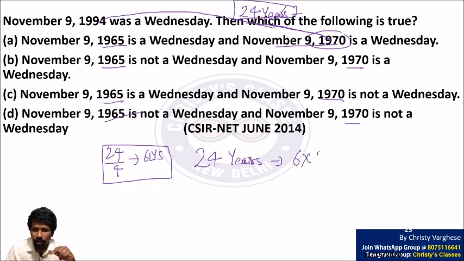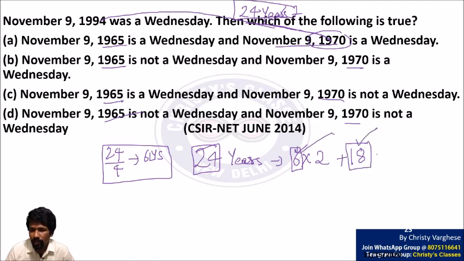Every leap year will contribute 2 days. As it is going backward, 2 days backward. 6 leap years will contribute 6 into 2, 12 days backward from Wednesday. Now 6 leap years and the remaining are ordinary years. Remaining means 24 minus 6, which is 18. 6 leap years and 18 ordinary years, because those which are not leap years are ordinary.